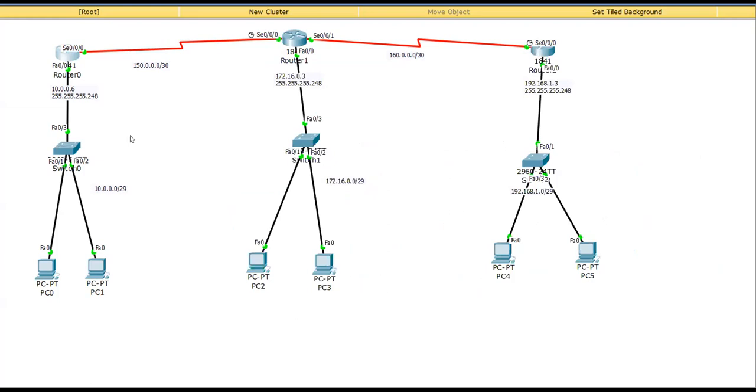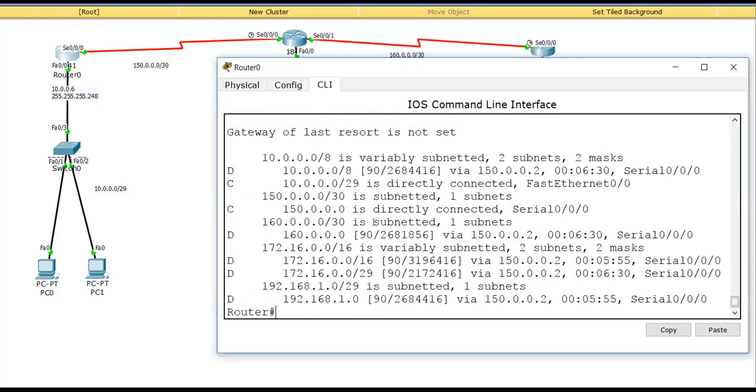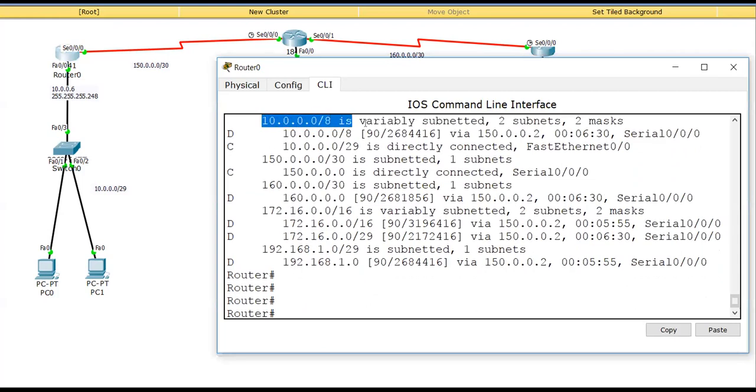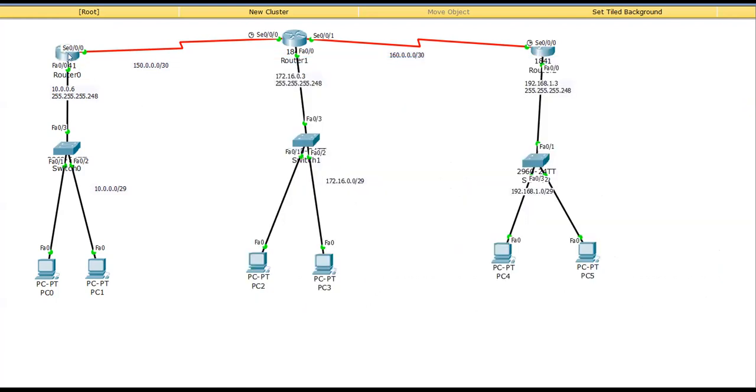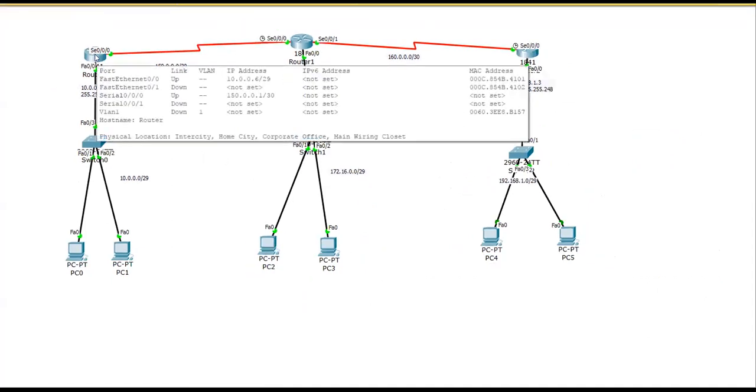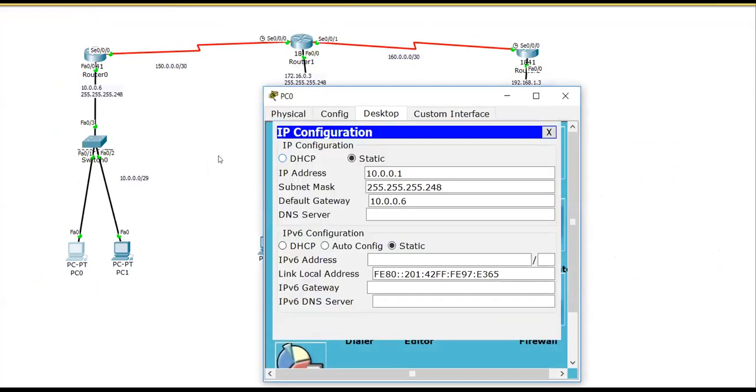Wait, I'm going for FastEthernet. Okay, you will check here. Like this is variably subnetted. Now some routes are coming with D. Some routes are coming with D. D stands for your DUAL algorithm. So your network is done.